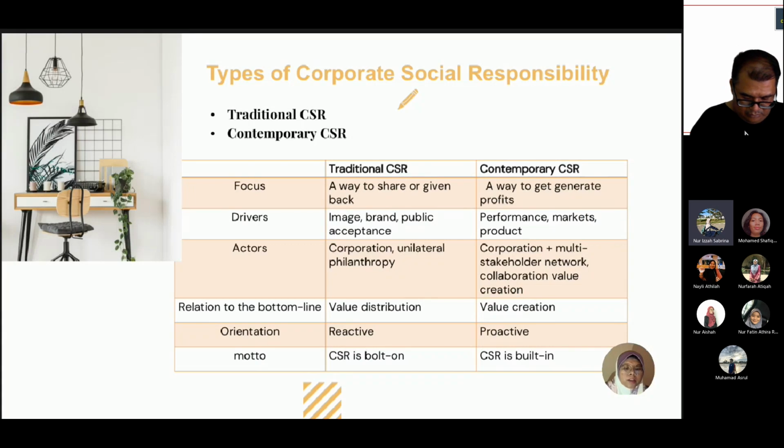In terms of orientation, it is reactive. For contemporary CSR, in terms of orientation, it is proactive. The last one is motto. The motto for traditional CSR is bolt-on. For contemporary CSR, the motto is CSR is built-in.